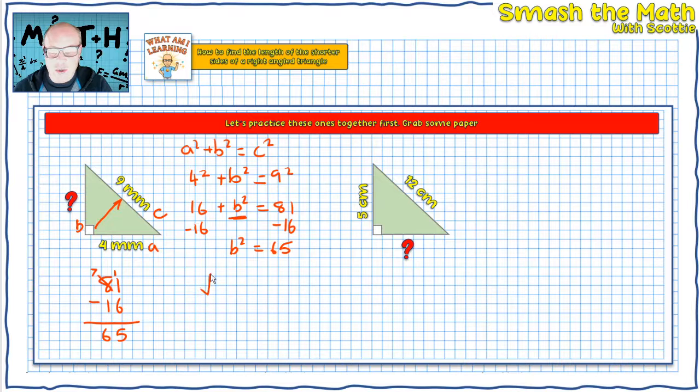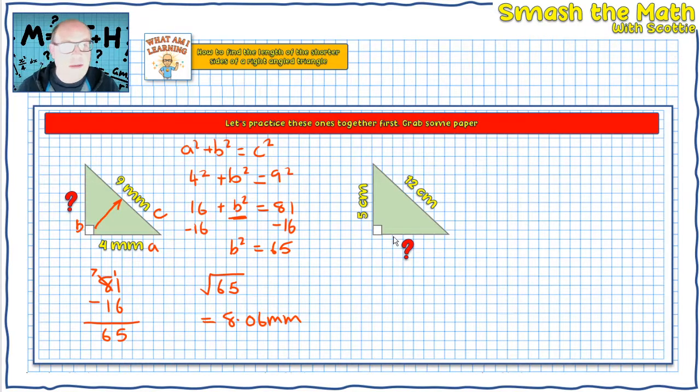So we're going to square root b squared, or 65, to find that side. I'm going to grab my calculator, and I'm going to work that out. So square root of 65 is 8.06, if we're rounding it to 2 decimal places, millimetres. Okay, so B is 8.06 millimetres long.